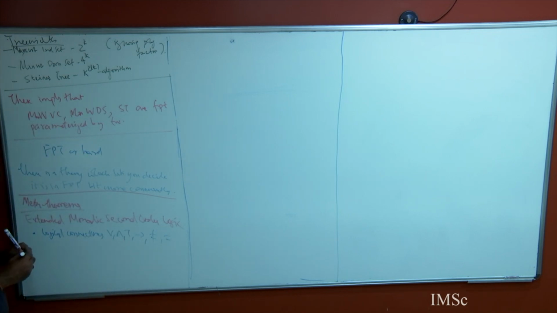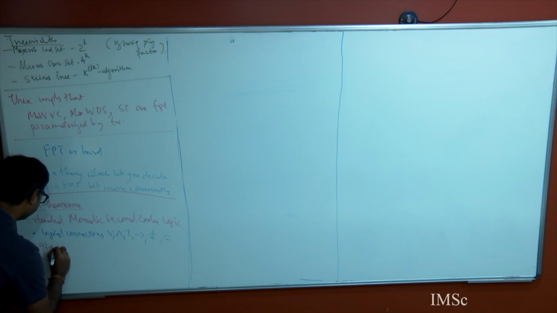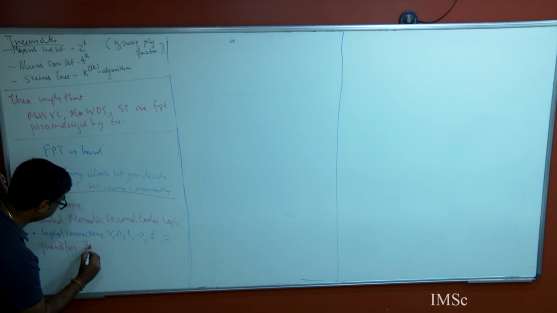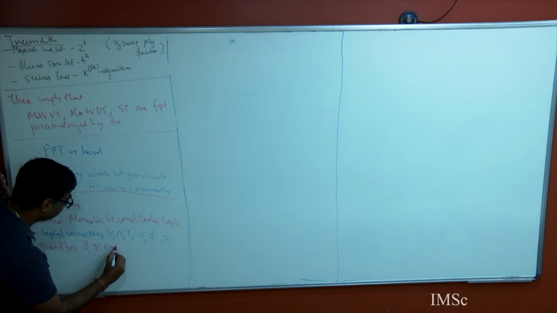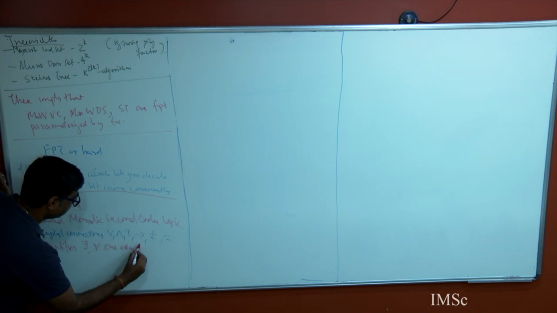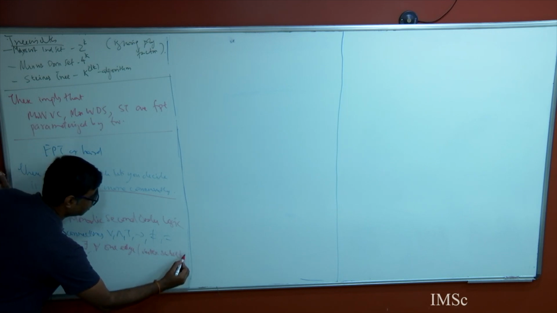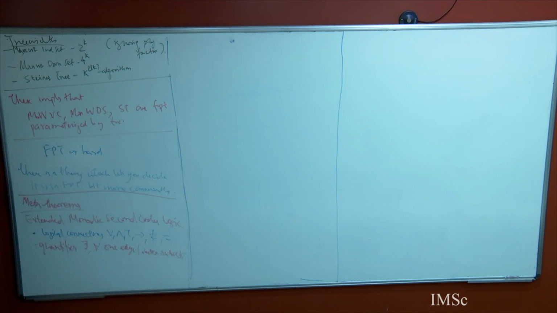And you have quantifiers, exists and for all, over edge and vertex subsets. So you have quantifiers over all these objects.